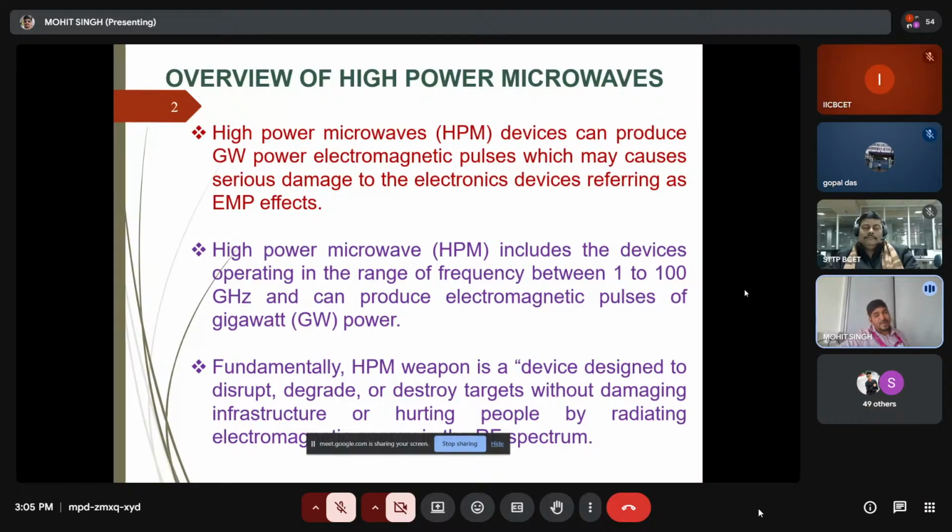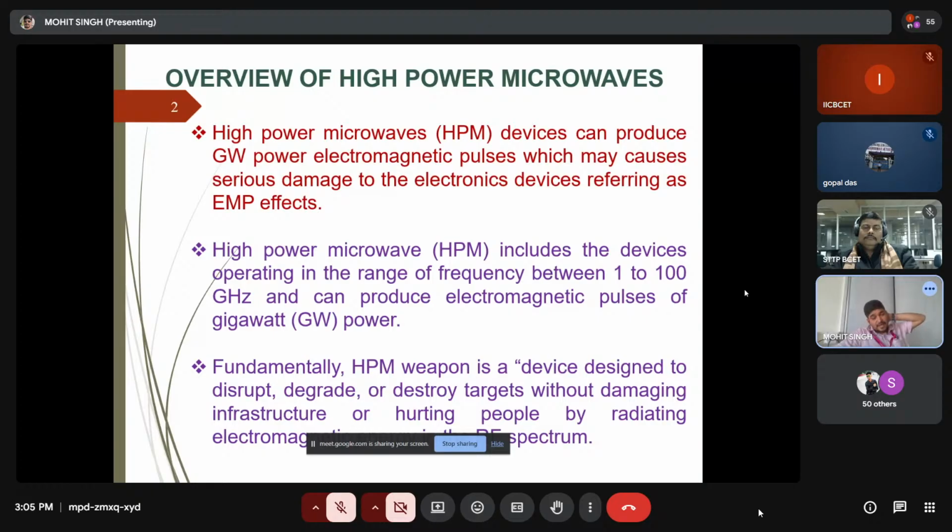It must generate power in the gigawatt range, and it should operate in the frequency range from 1 to 100 gigahertz. It may be more than 100 gigahertz, but we consider HPM mainly from 1 to 100 gigahertz, producing gigawatt power.